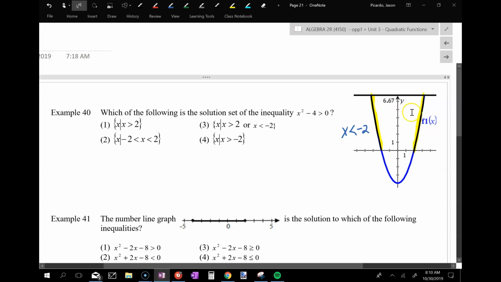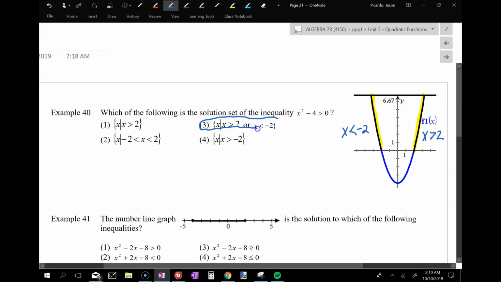And that this highlighted piece is where the graph is greater than 2, right? So I'm looking for x is less than -2, x is greater than +2. That's this one right here. Cool? All right.